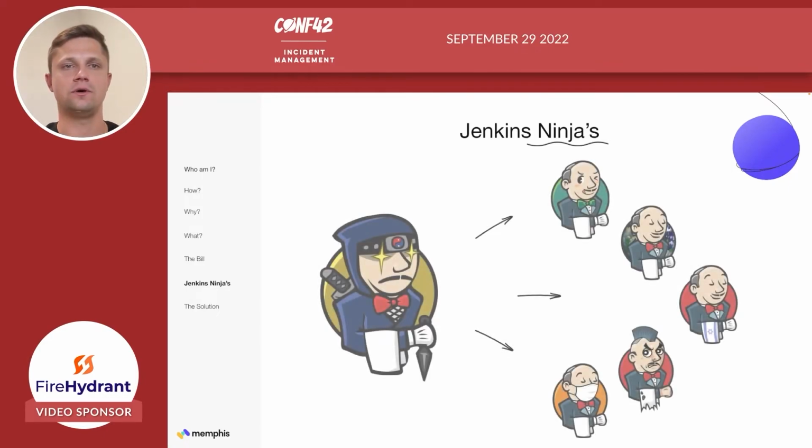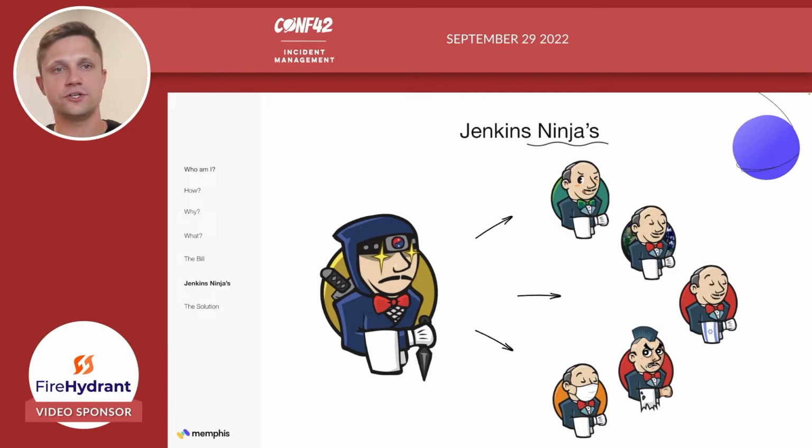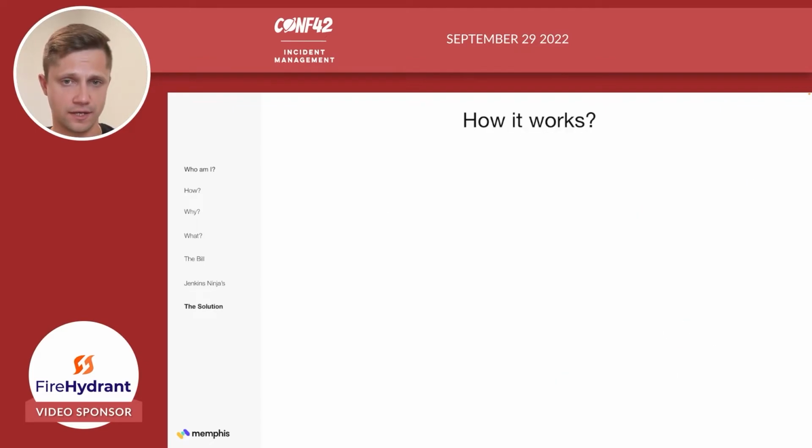Now I have only one instance, the Jenkins Ninja, that will coordinate all the other agents, all the other ninjas. The master Jenkins will tell them what to do and which pipeline to run at each and every minute.